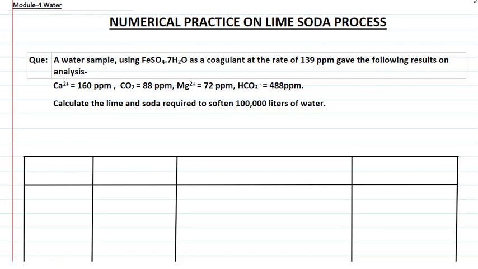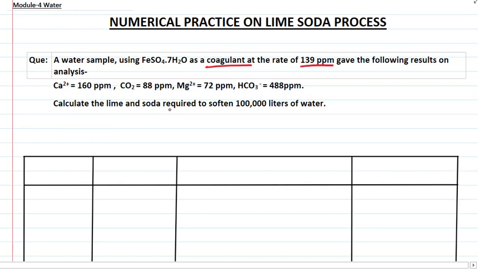In today's video, I am going to explain how we can calculate the amount of lime and soda required for softening of hard water if there is a coagulant used in the process. So, here is a numerical: a water sample using FeSO4.7H2O, which is hydrated ferrous sulfate, as a coagulant at the rate of 139 ppm gave the following results on analysis: calcium ion 160 ppm, carbon dioxide 88 ppm, magnesium ion 72 ppm and bicarbonate ion 488 ppm.